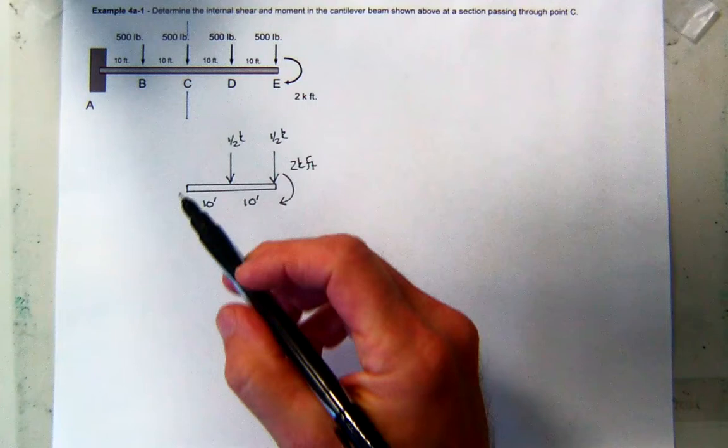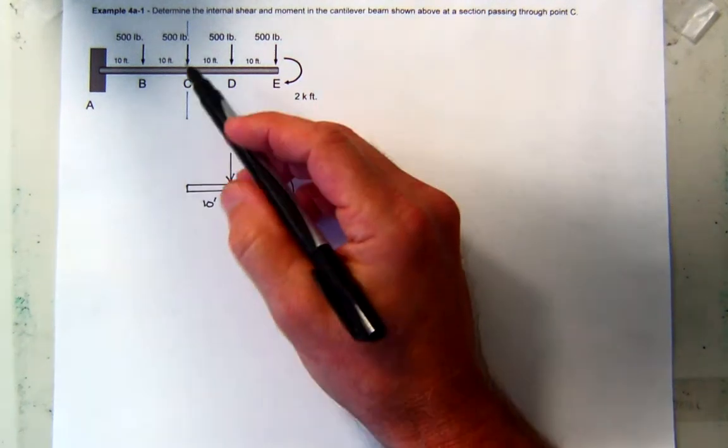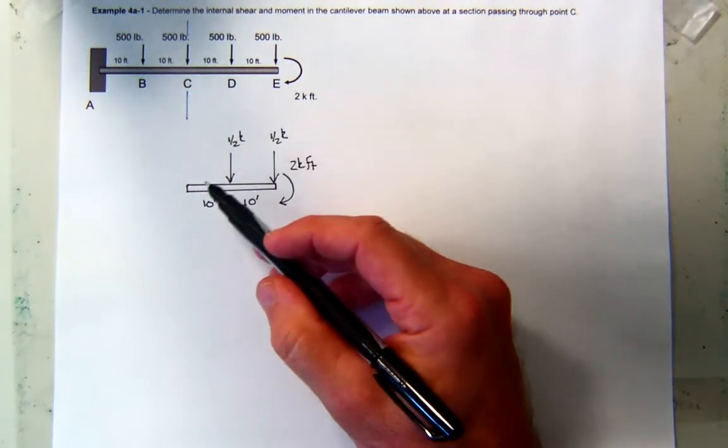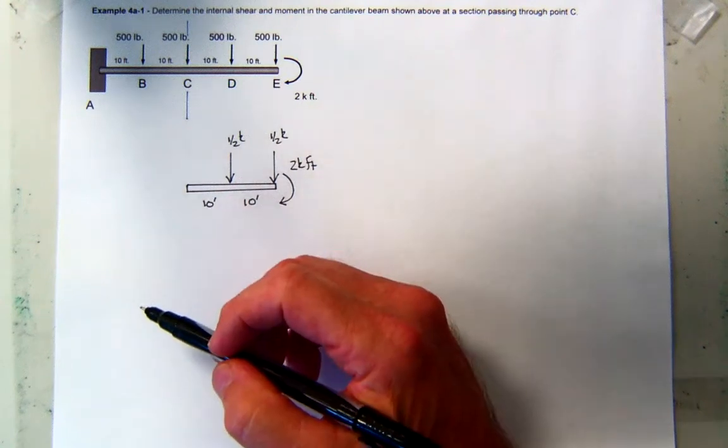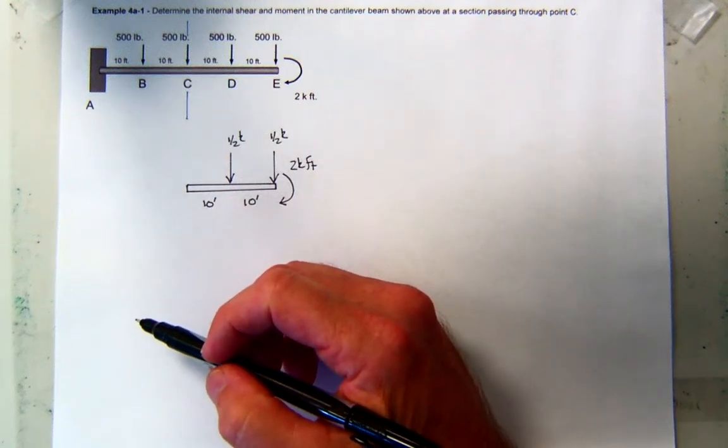Now here's the tricky part you have to think about: is this 500-pound force on this part or on the part on the left? It's hard to know.